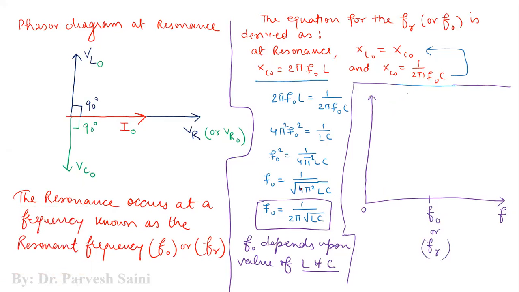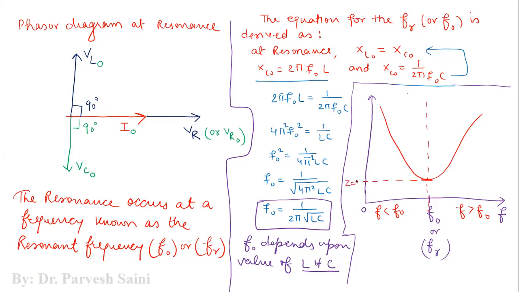Now the first thing is the impedance. Let us divide this in two parts, right? Here F is less than F naught. Here F is greater than F naught. As far as impedance is concerned, impedance will reduce to minimum and then will increase. So at resonance, the impedance is minimum.